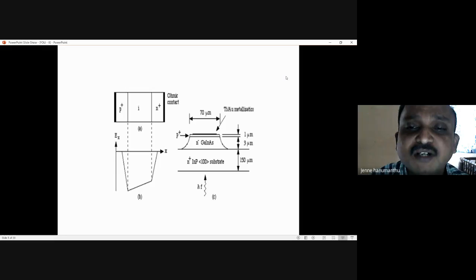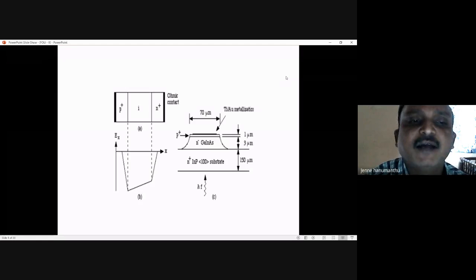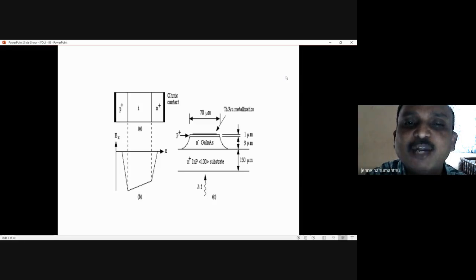Photocarriers means what? When the light is absorbed by the material, due to material characteristics, the material creates photocarriers, maybe electrons. Strictly speaking, because of the lightly doped I region, it creates electrons. I am not saying that no holes are available; maybe some holes are available.